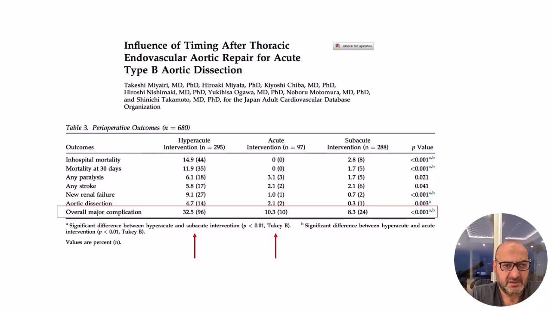So when you do it in the acute stage, it's less. Again, like we do maybe a week out, but if you have a lot of experience, probably you're okay. If you don't, definitely for the board, I would do the subacute stage, which is 14 days, which has an 8.3% complication rate. So it's not much difference, but it's statistically significant. But it's not much difference between this and this in experienced hands.